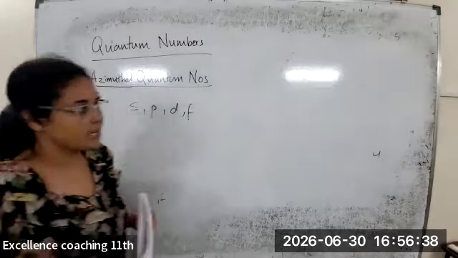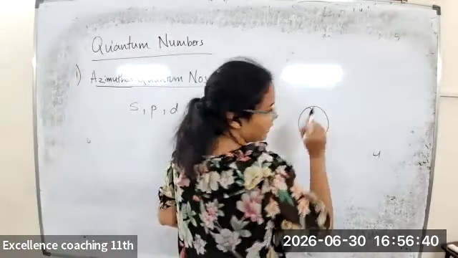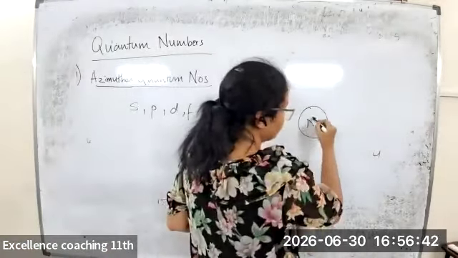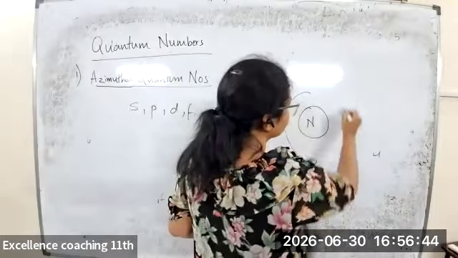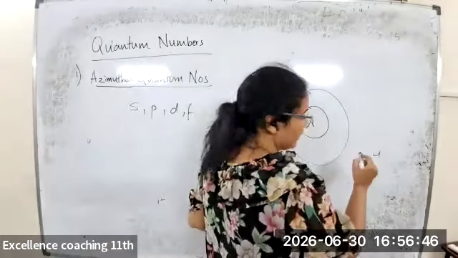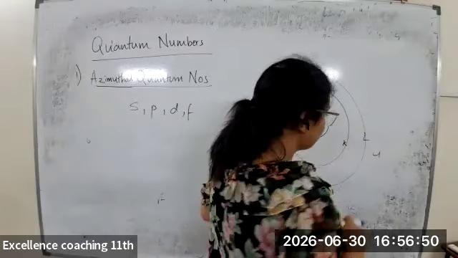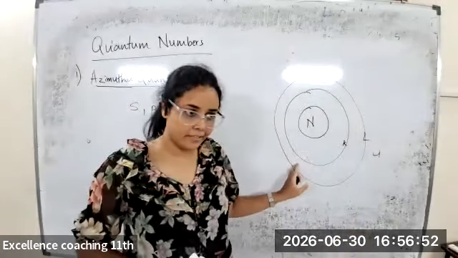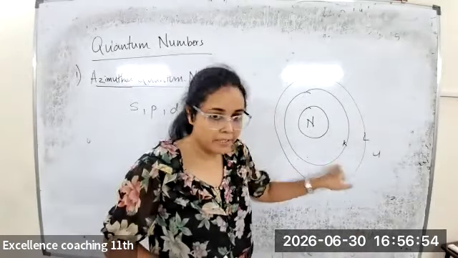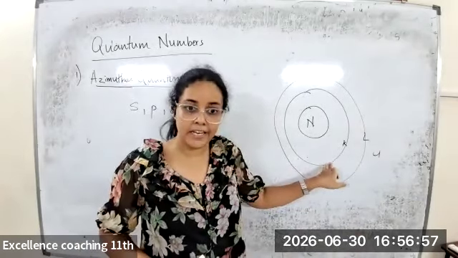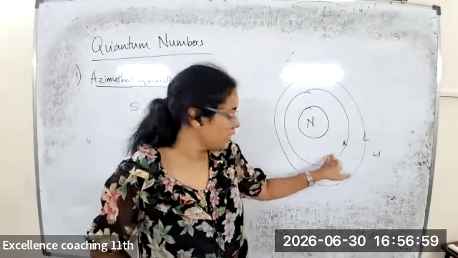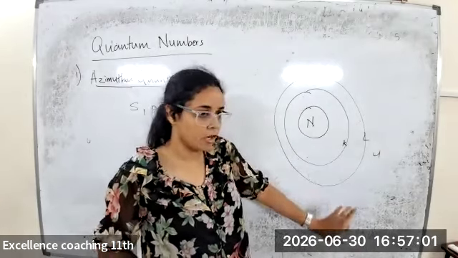For example, if I speak about the atom, I will have my nucleus and surrounding it will be my shells, like the K, L, M, and so on. These shells tell me the principal quantum number.